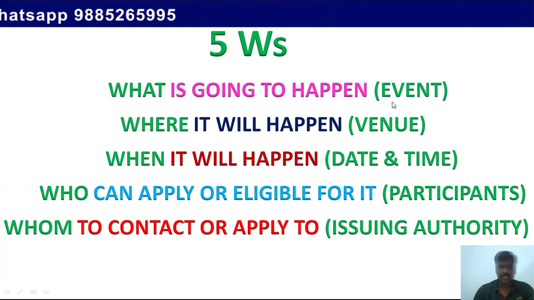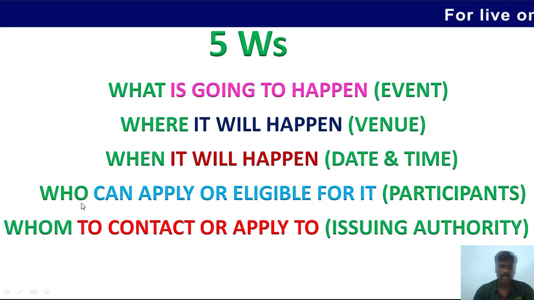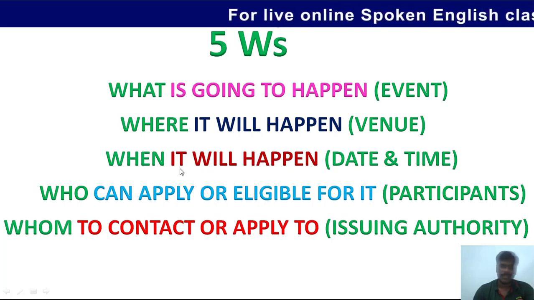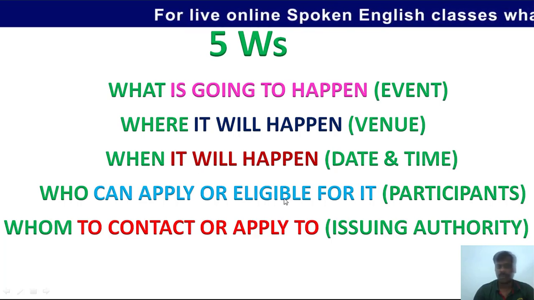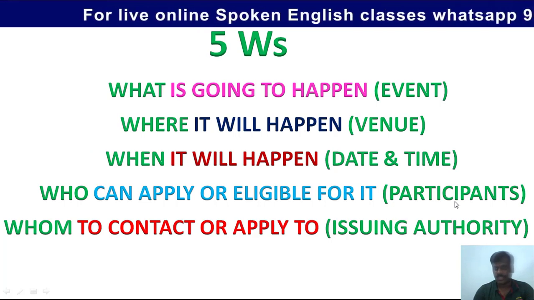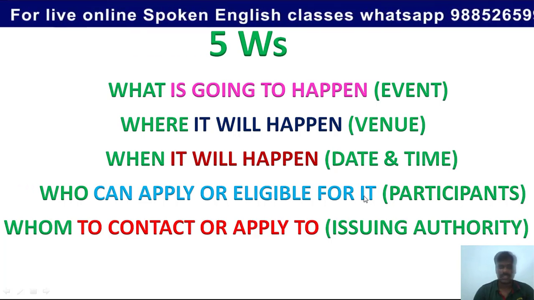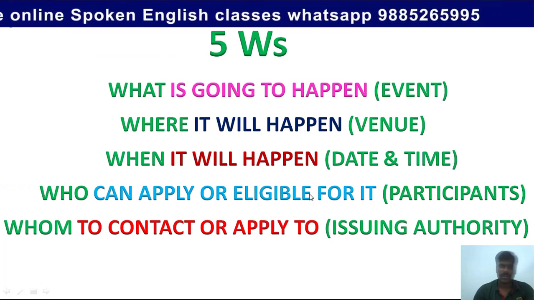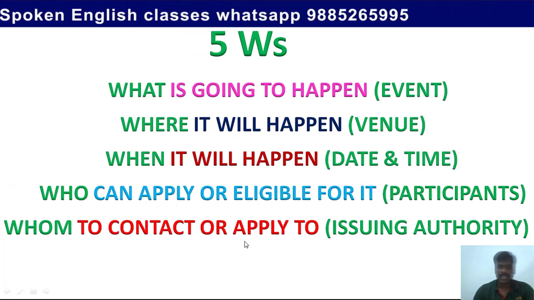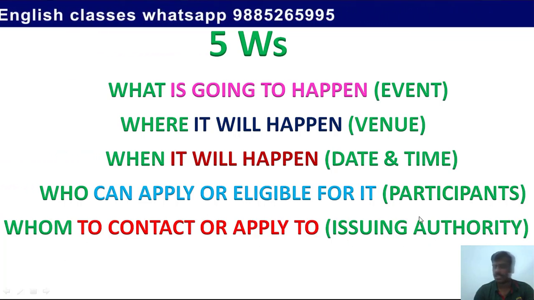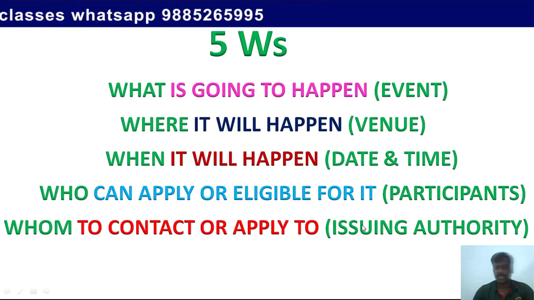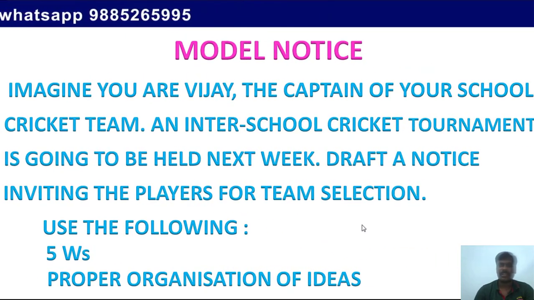And who can apply or eligible for it. Suppose the notice is meant for job, then who can apply for it or who are eligible for it, that is participants, not only for the sake of job, for any contest. Whom to contact or apply to, that is issuing authority. We will see all these points in the content of the notice.